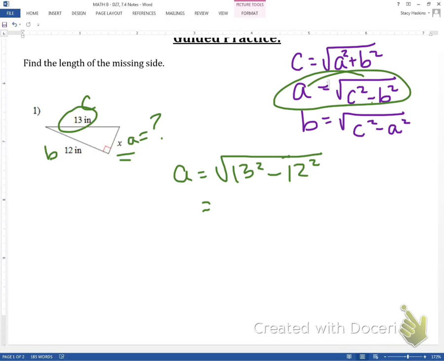You do need to follow, though, the order of operations, so we need to solve those exponents first. 13 squared, when you put it in your calculator, is 169. Minus, now find out what 12 squared is equal to. I have 144.